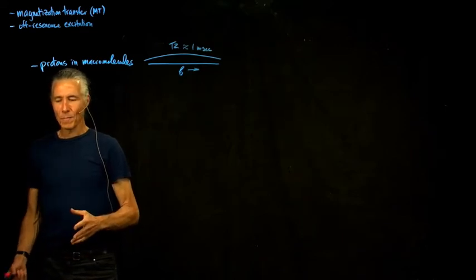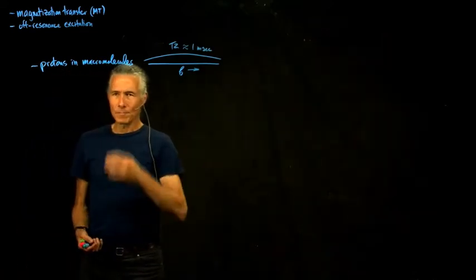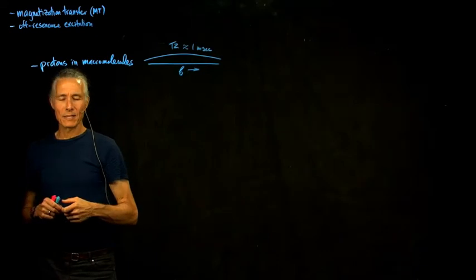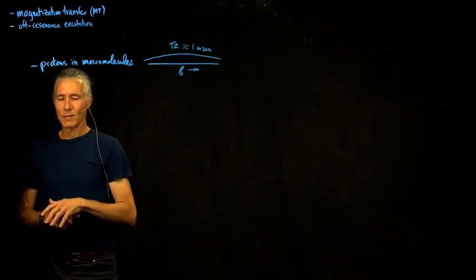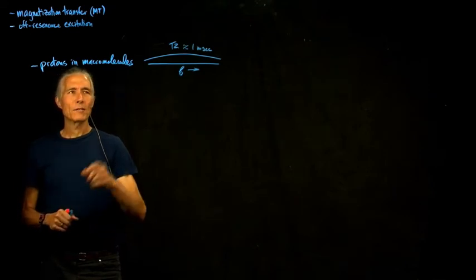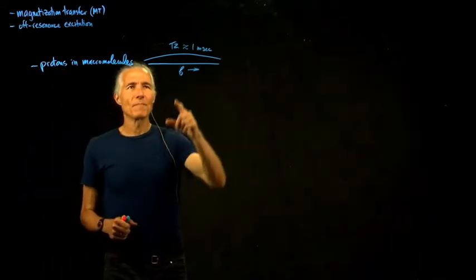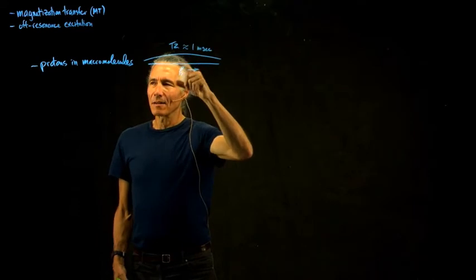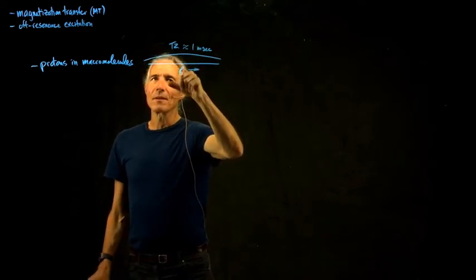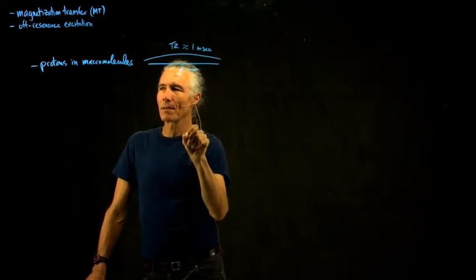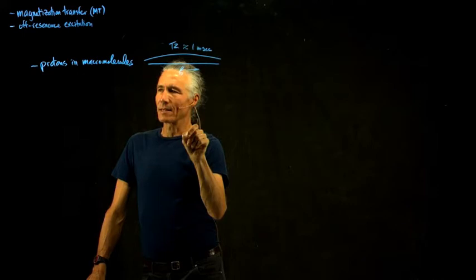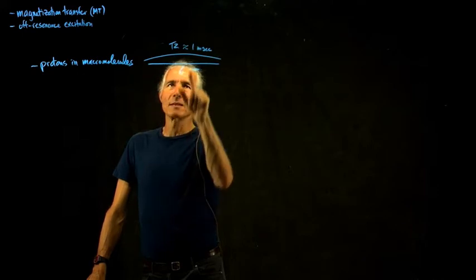Now it's possible with special hardware on the scanner to do an ultra short TE, sorry, not TR. There's a special sequence that can do an extremely short echo that's under a millisecond, like a tenth of a millisecond.